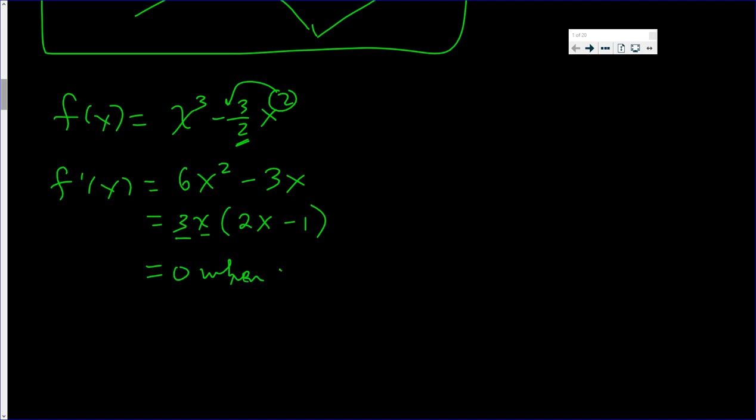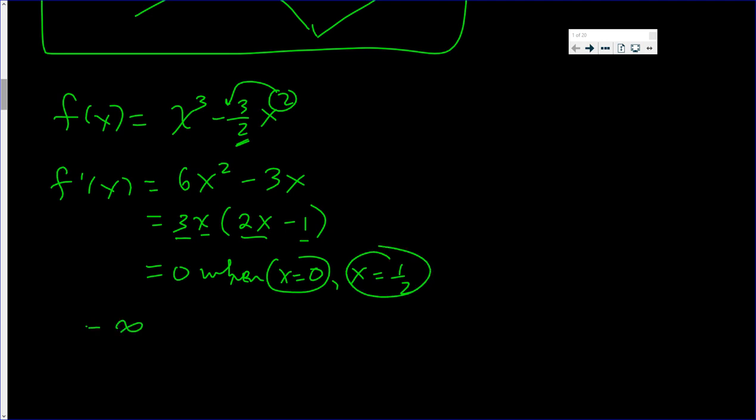When the second factor is 0, which is when x is 0, and when the third factor is 0. Well, 2x would have to be 1, because we all know that only 1 take away 1 is 0. So 2x is 1, so x is 1/2. So the only two values that came up are those two numbers.